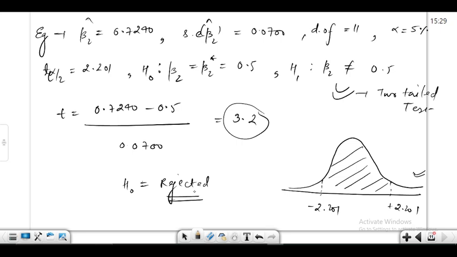So it means that my finding is significant.